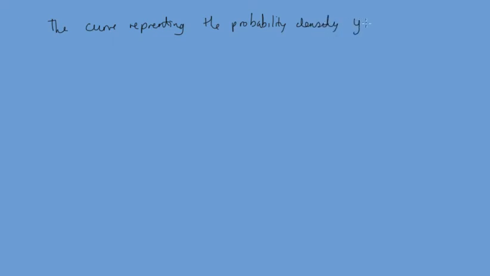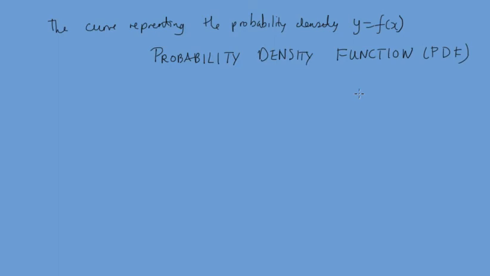It is going to be y equals some function f of x, and this is called the probability density function, or PDF. And the area under the probability density function is always equal to 1.